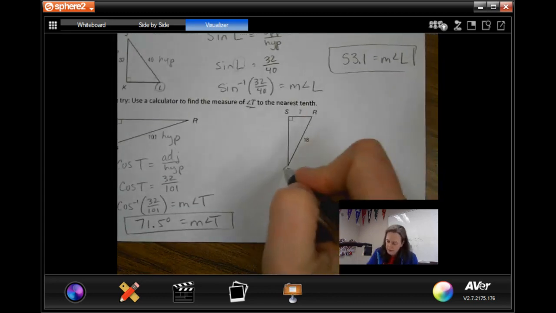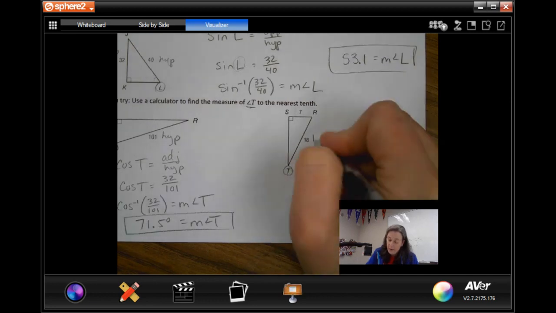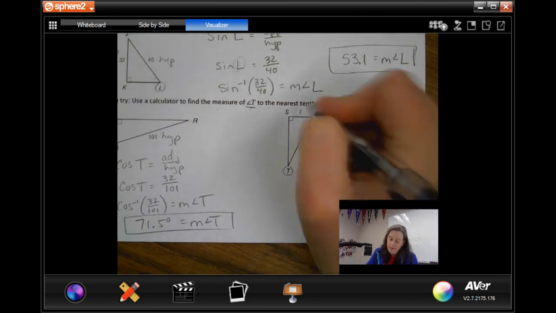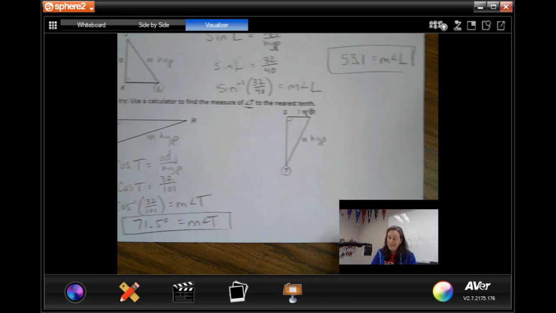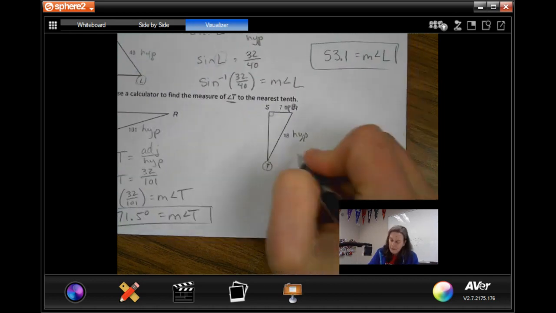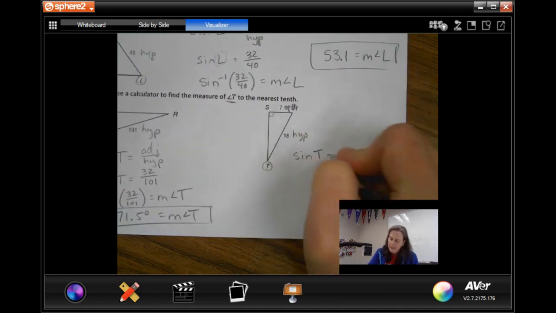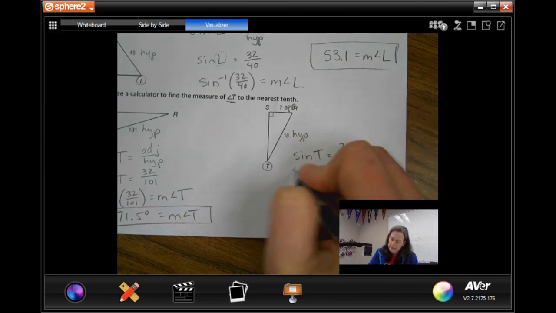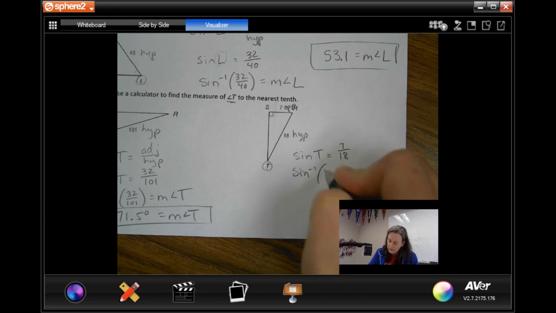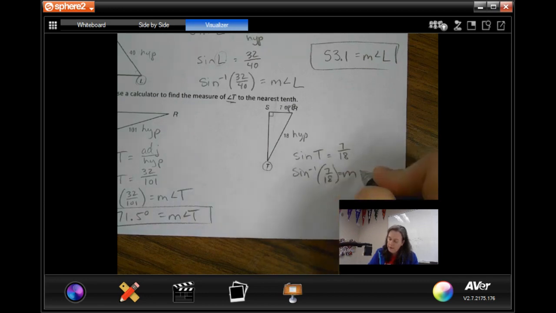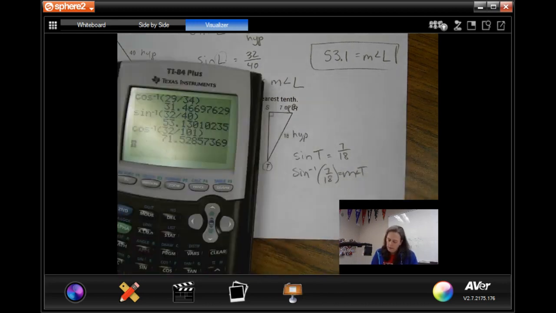All right, let's try this last one then. So it's angle T we're looking for. We have a hypotenuse and we have an opposite. That sounds like sine, right? The sine of T equals 7 over 18. So let's do the inverse to find the measure of angle T. Oops, I did cosine.